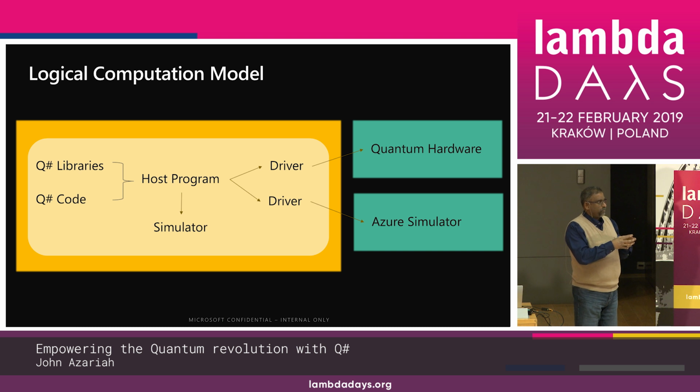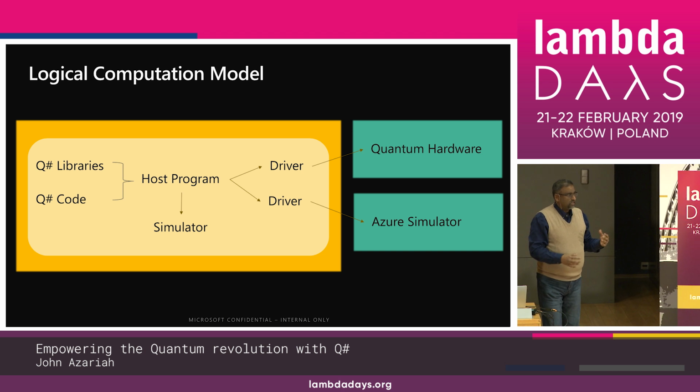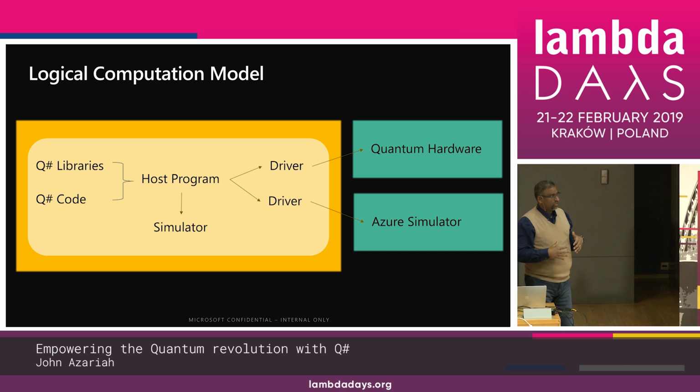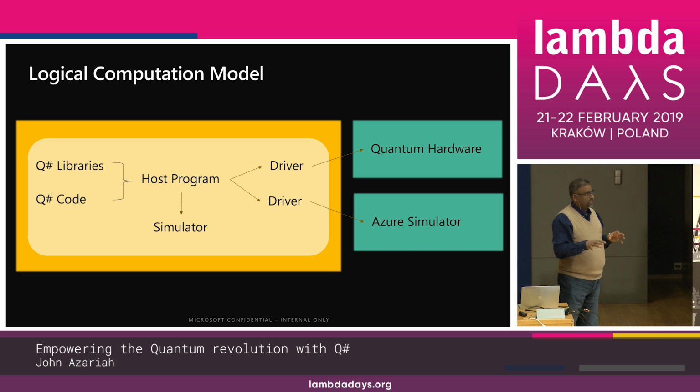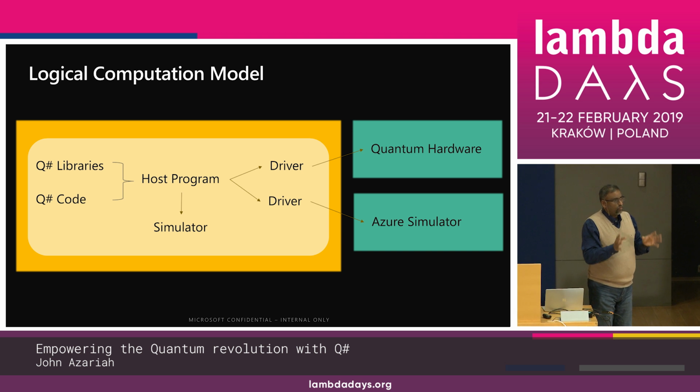So we basically create the coprocessor, the quantum device, and ship whatever code needs to run on the coprocessor across to it, execute it, and give you back the results. And that's effectively the programming model that every quantum device that currently is being developed is following.